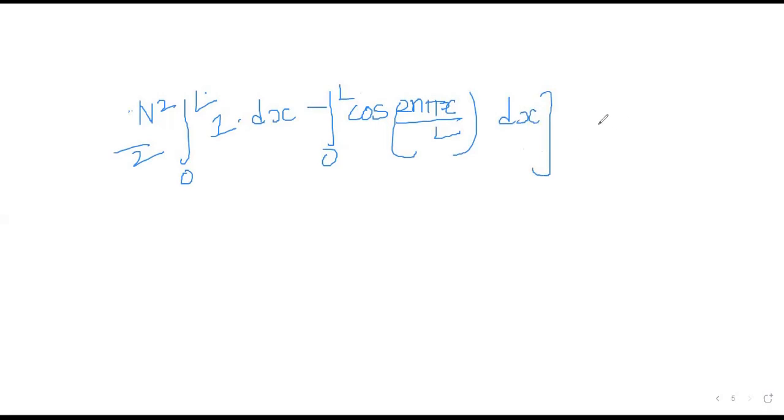So this is equal to 1, in square brackets. Now this n square by 2 is for both terms. The integral of 1 into dx is x, with lower limit 0 and upper limit L. Now minus, we take the second term in a square bracket as well.